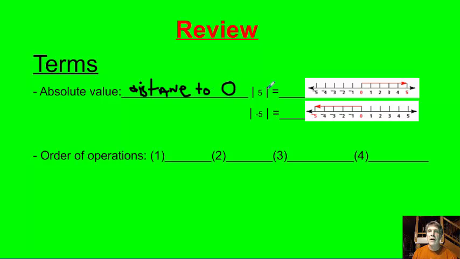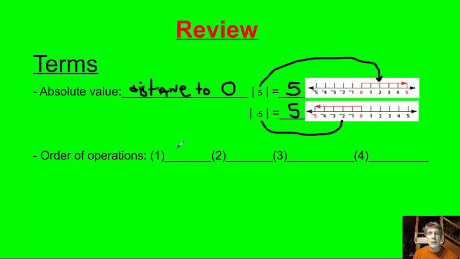If I want the absolute value of 5, that's the distance of 5 to 0, which is 5. And the absolute value of negative 5 is the distance from negative 5 to 0, which is, again, positive 5. So remember, the answer is going to be positive now. And remember, it's the distance to 0.